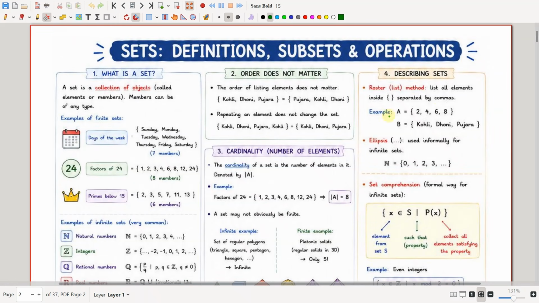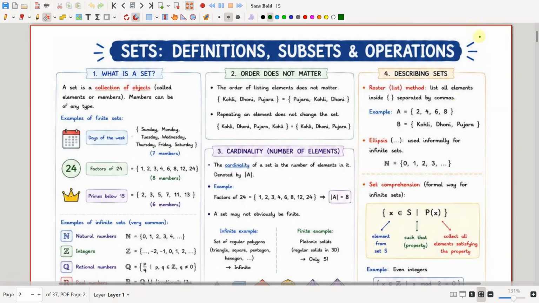Okay, now there are many ways to describe a set. One of the most common methods is the roster method, where we simply list all the elements. Another method is called ellipsis, which is used to informally denote infinite sets.